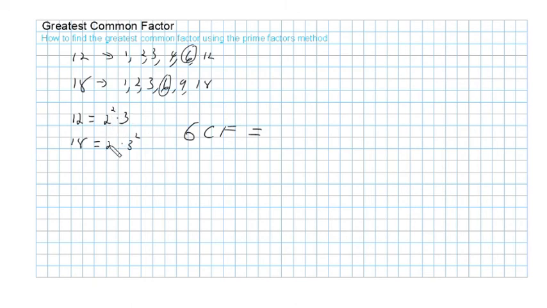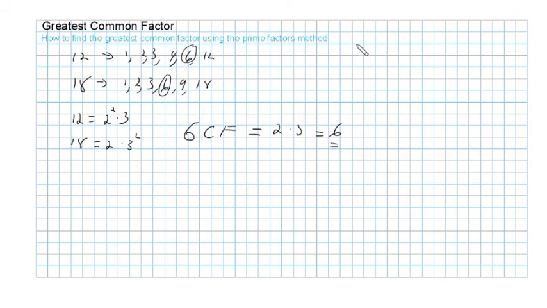The greatest common prime factor here for 2 is 2, not 2 squared, because there's no 2 squared in 18, but there's a 2 times a 2 in 12, so that's 2. And there's a 3 here and a 3 squared, so the common factor is 3. That gives us 6. It's very easy once you have the prime factorization to find the greatest common factor.